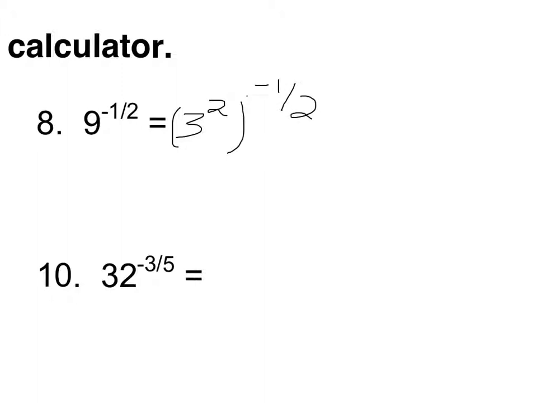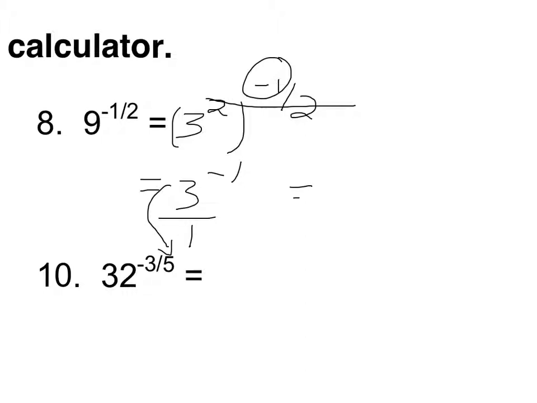When you multiply those two together, the denominator cancels out and you're left with negative 1. So your answer is going to be 3 to the negative 1. But you have to simplify it because you can't keep the negative exponent. So you put 3 over 1 and you bring the 3 down. And then your answer is going to be 1 over 3.